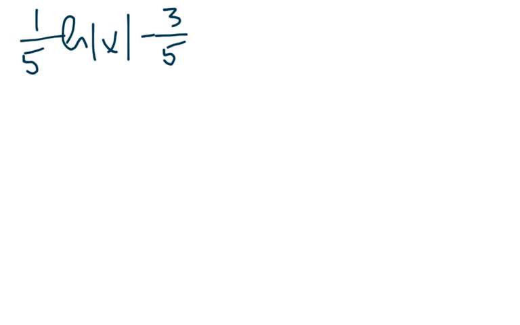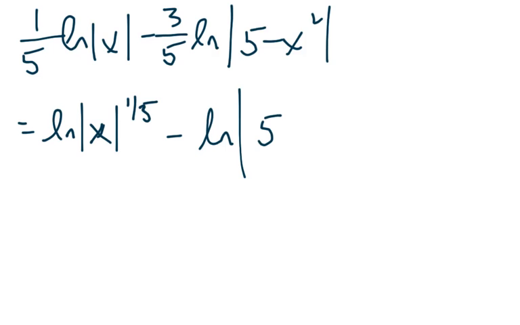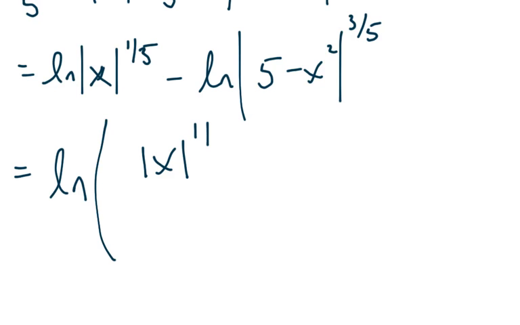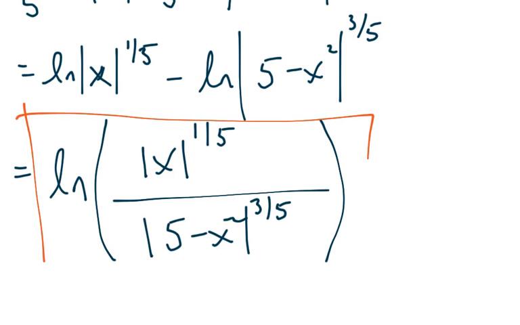I can write this as ln absolute value of x to the 1/5 minus ln absolute value of 5 minus x squared to the 3/5, which is equal to ln of everything here: x to the 1/5 over 5 minus x squared to the 3/5. And then this is our answer.